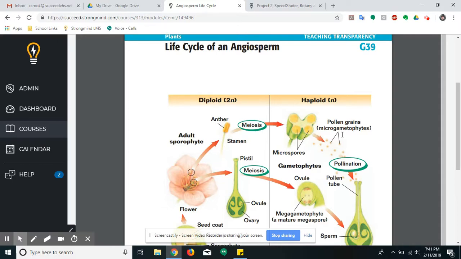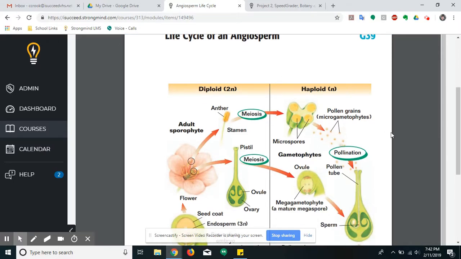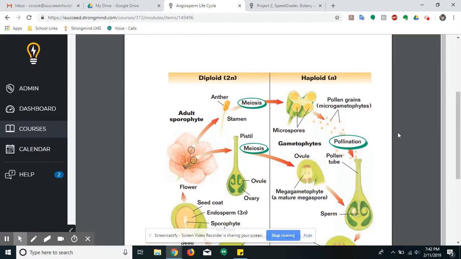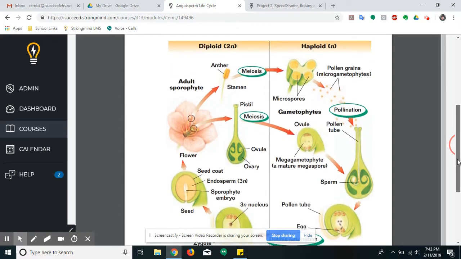The microgametophytes is what you'd call them, or pollen grains. And then you have the pistil, which is the female portion. Down here are your ovules that will form the egg once the pollen gets in contact and fertilizes it. Okay, so you can see this happening right here in this picture. You have your gametophytes right here, and you have your megagametophyte, which is the female structure.